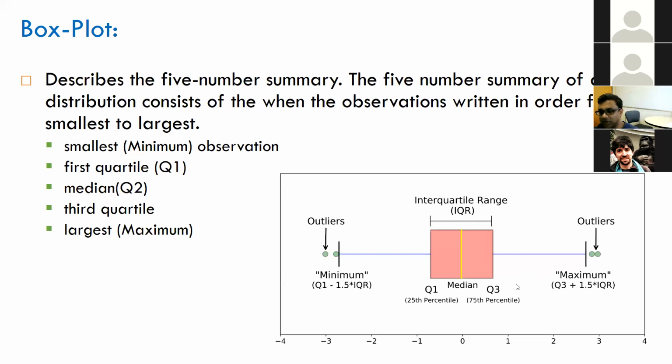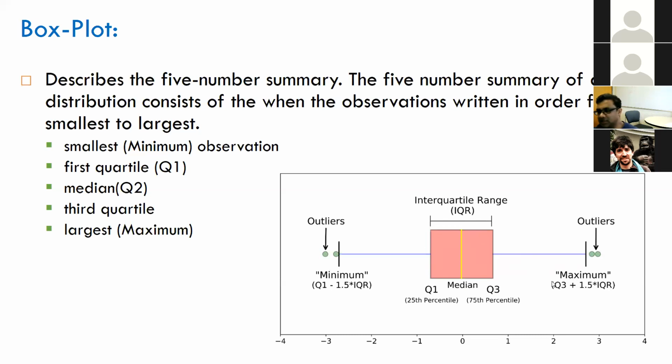And then this is your Q3 plus 1.5 times the interquartile range, and you get this range. So any value beyond this range we call outliers. That's how you need to do it.